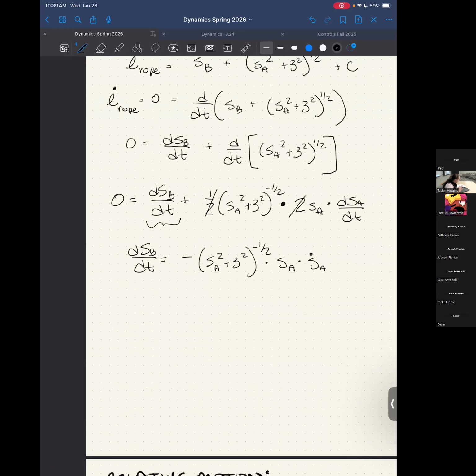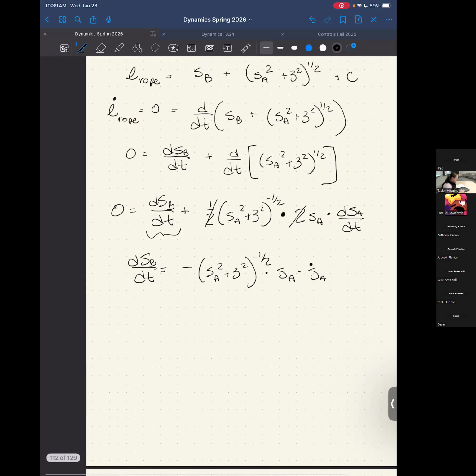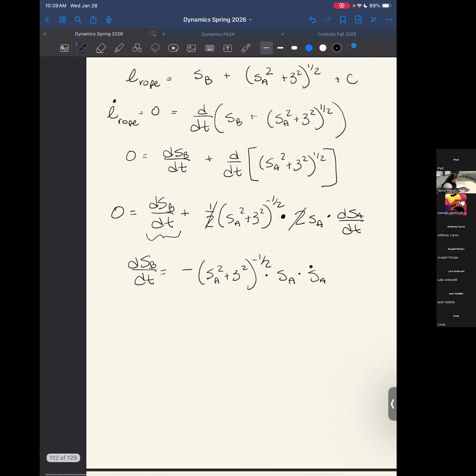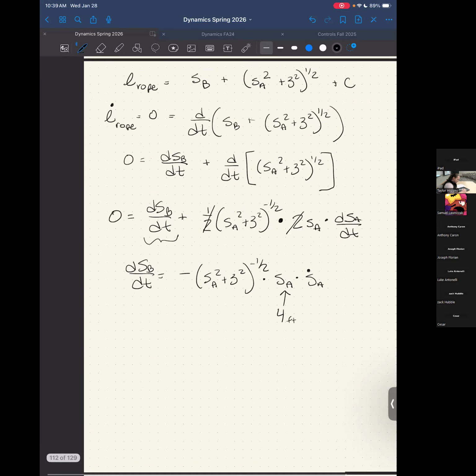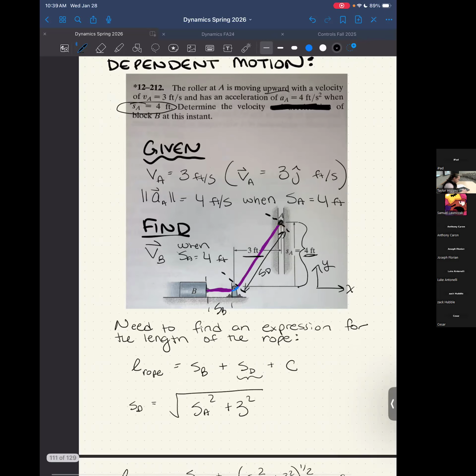And now I can finally plug in what's happening at this one instant in time. So I'm given that at this one instant in time, SA is 4 feet. Am I given the velocity of A at this instant in time?